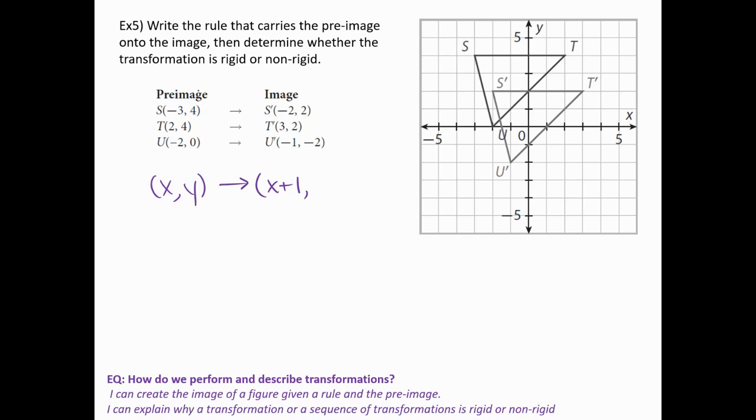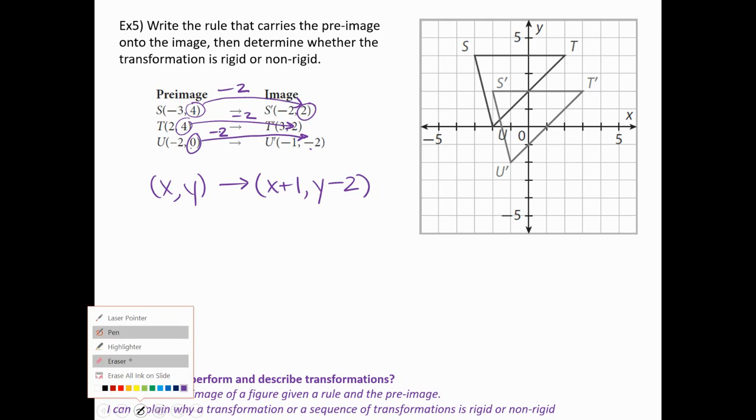All right, so y values, I start at 4 and I end at 2. That looks like I'm going to subtract 2. Let's see if it works. Then I have 4 that goes to 2. That's also subtract 2. And I have 0 that goes to -2. That would also be 0 minus 2 is -2. Looks like it works. So I would write y minus 2.